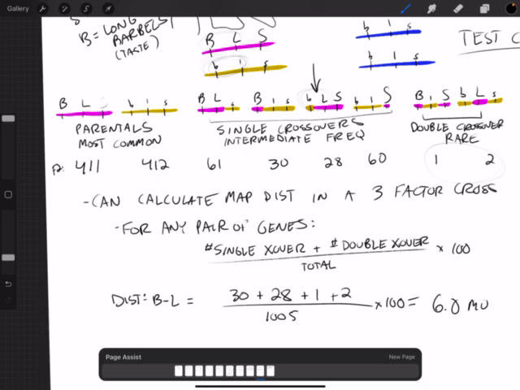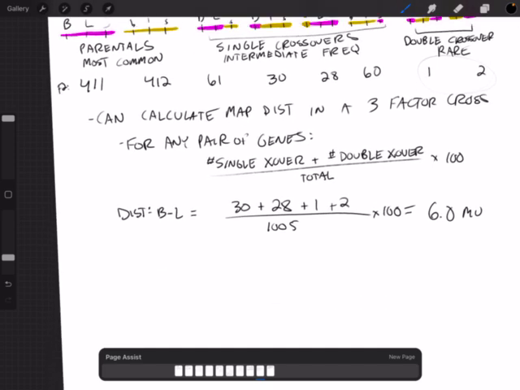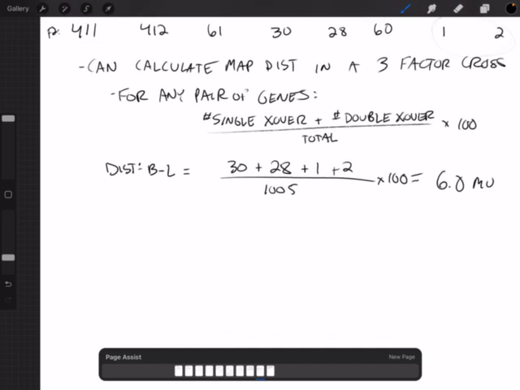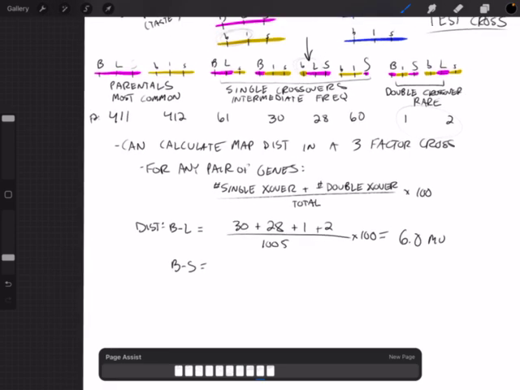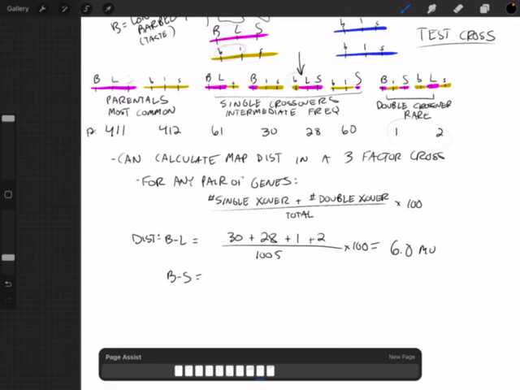Right, so we found the parental chromosomes. We looked for cases where we have a different recombinant pattern between B and L, and we added them together. Now, if we were looking at the distance between B and S, we have to do the same thing. We have dominant B and dominant S together, and recessive B and recessive S together. Anytime you see a dominant B with a recessive S or a recessive S with a dominant B, you have recombination.